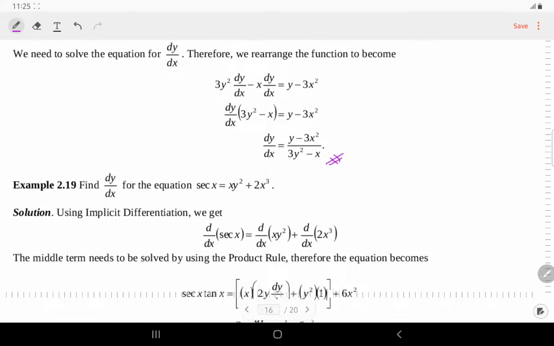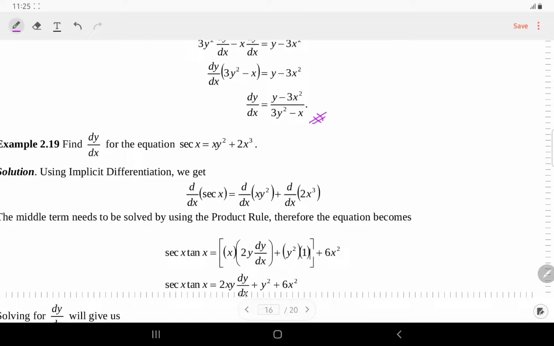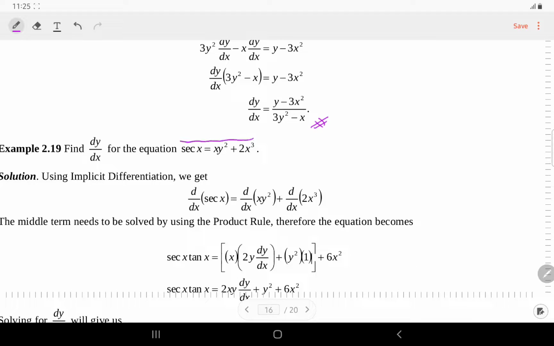Next we want to differentiate this function, which is also an implicit function. So we need to differentiate term by term: differentiate secant x, differentiate xy squared, and differentiate 2x cubed.